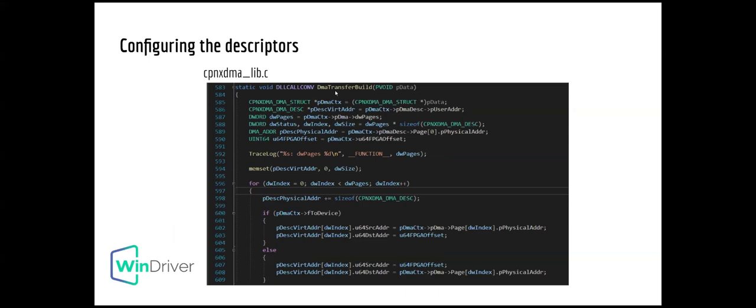Here we are using the DMA transfer build function in order to configure the descriptors. And here you can see we are moving all the pages from the source address to the destination address, which require the metadata of the transfer, to the descriptor. So it will contain all the information it needs in order to perform the DMA transfer.